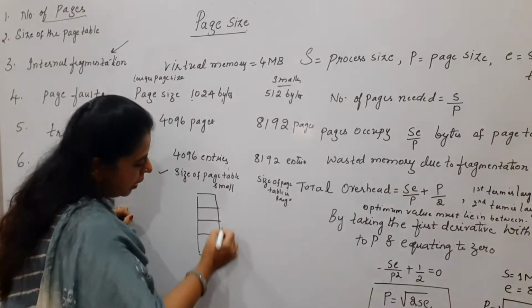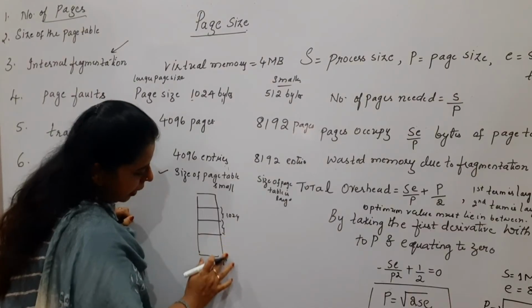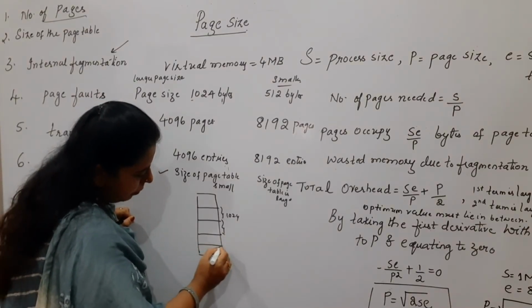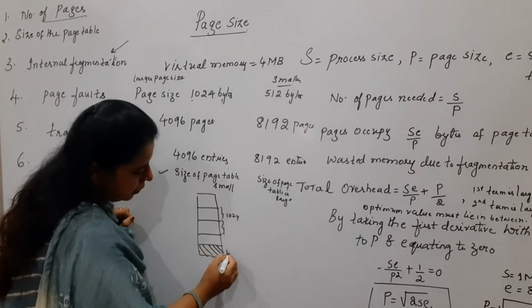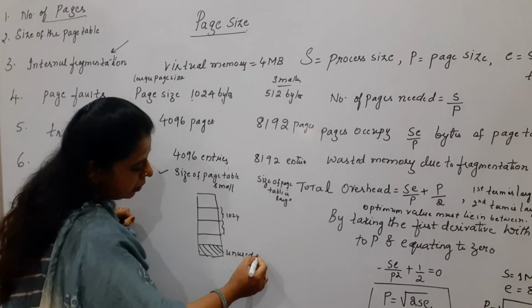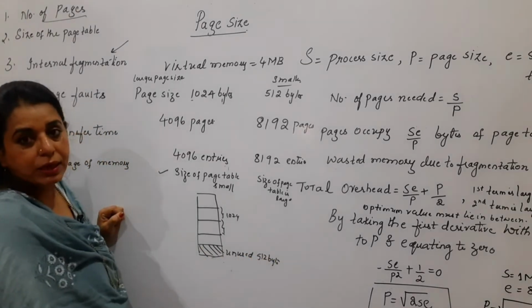So if every page is 1024 and the last page of that particular process is not occupying the complete space, let us take this as the unused space here, and if I assume it to be 50% unused, then 512 bytes is wasted in this case if the page size is larger.